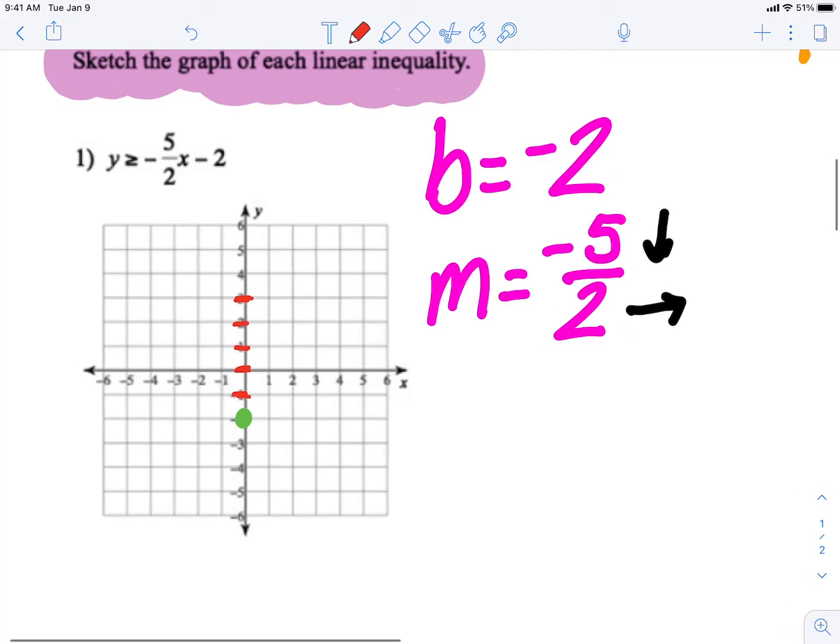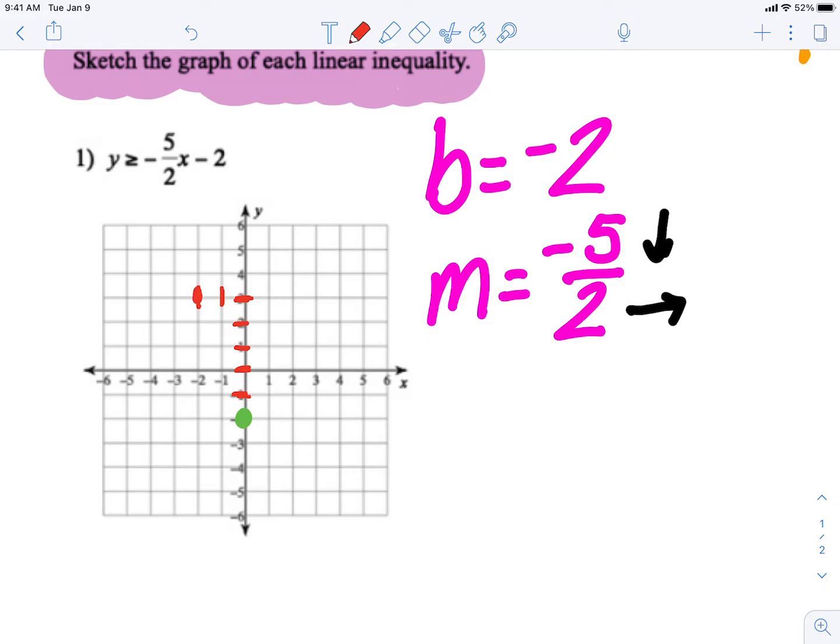Remember, I'm doing the opposite of these. I went up 5, that means I'm going to go left 2. So I went up 5 here, 1, 2, 3, 4, 5, and I'm going to go left 2.